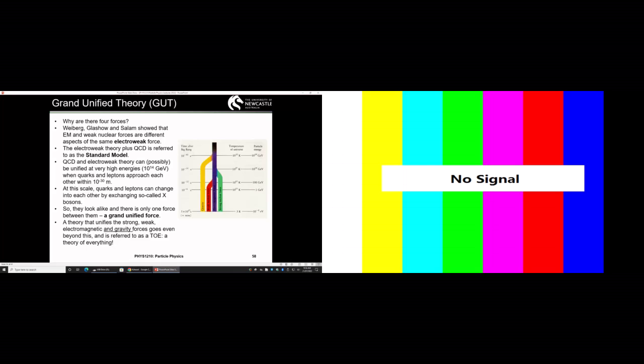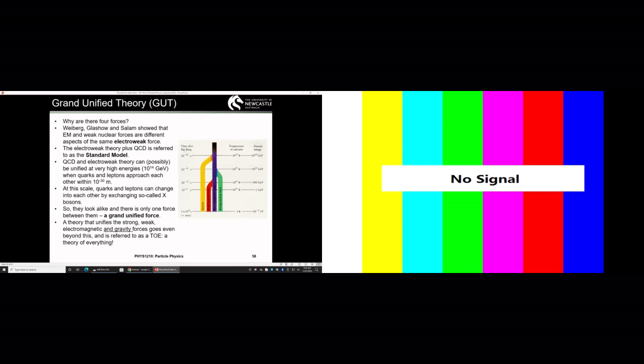Eventually the frictional force is just electromagnetic. It's just the interaction of the charged particles in your hand and the table with one another. So it turns out that the electromagnetic force and the weak force can be unified when we get to high enough energies.